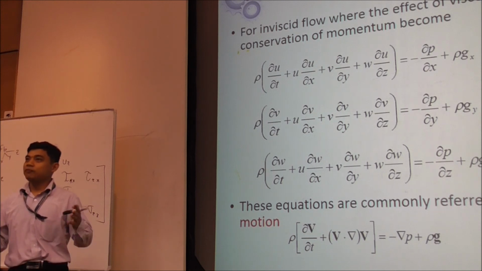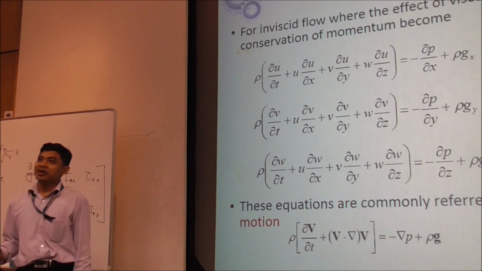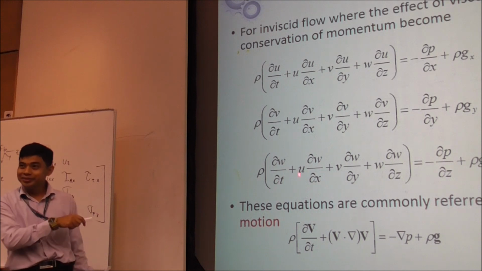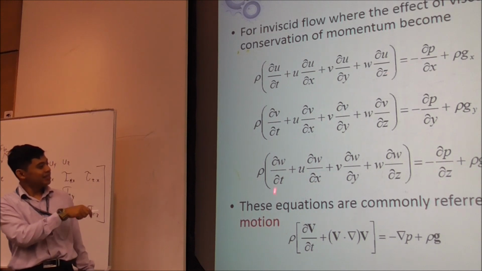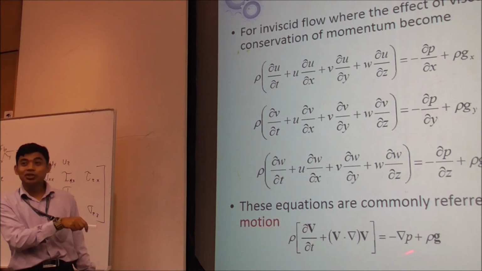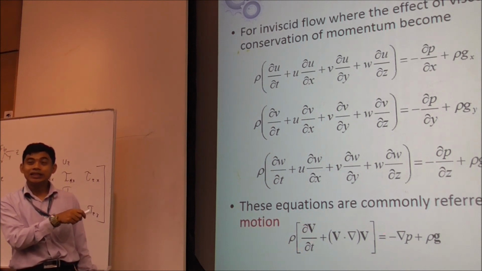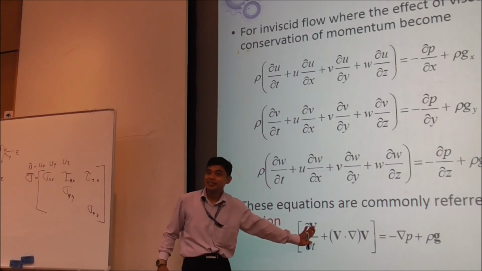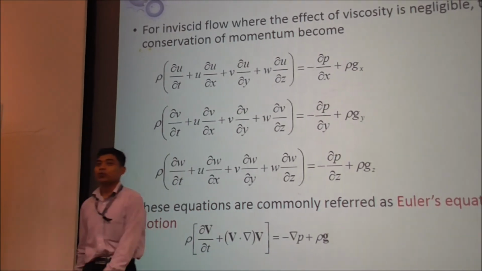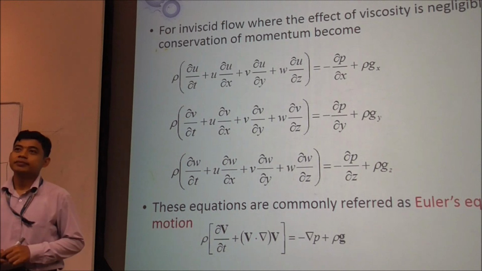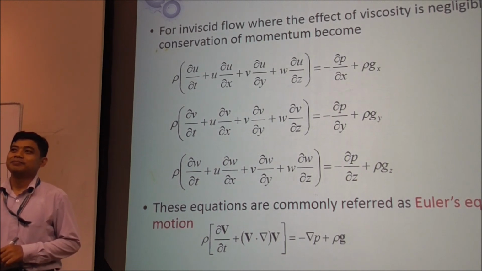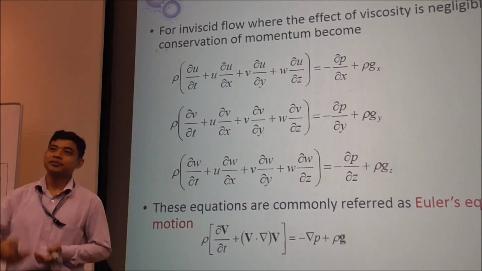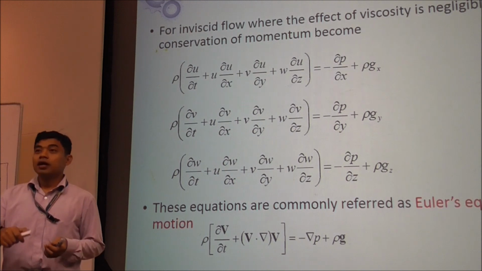Still not familiar to you, but if you take inviscid steady state, these two will go, this gone. This will give you your lovely Bernoulli equation. So basically, the Bernoulli equation can be derived from the Navier-Stokes equation after all of those simplifications.